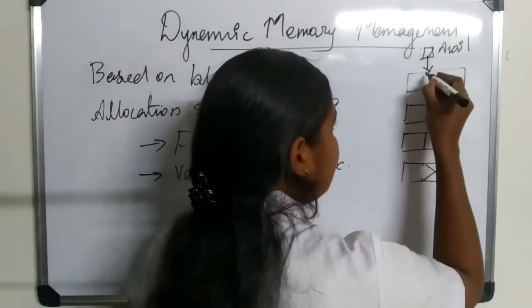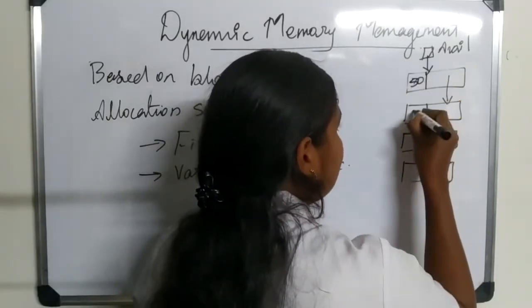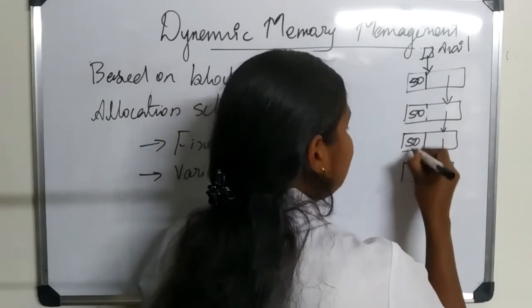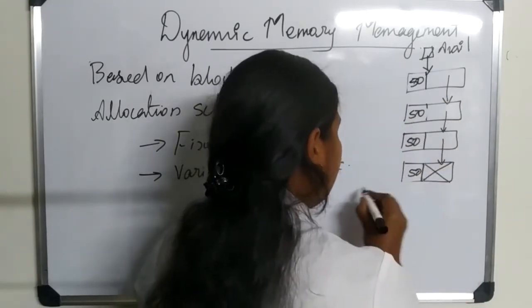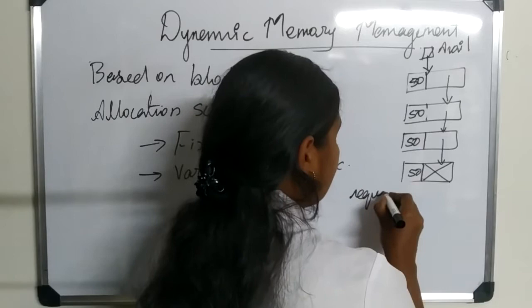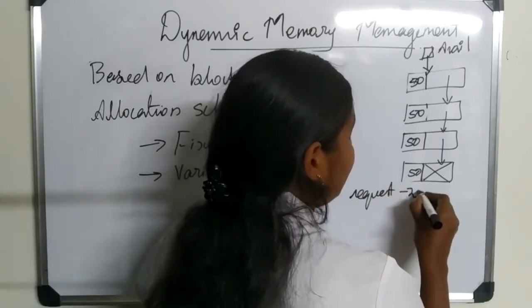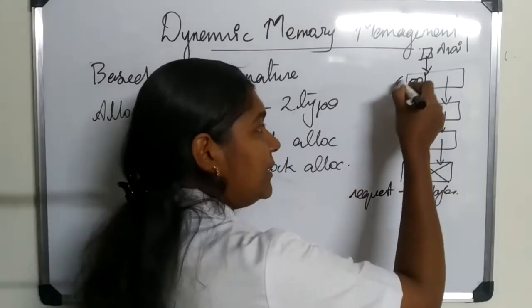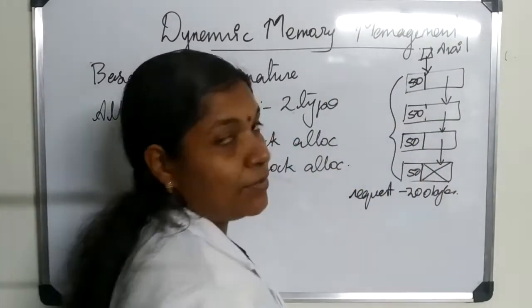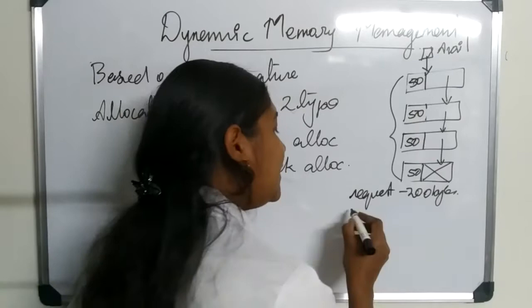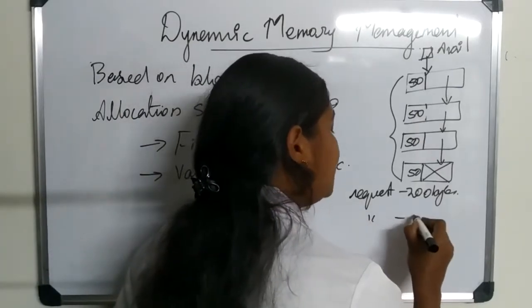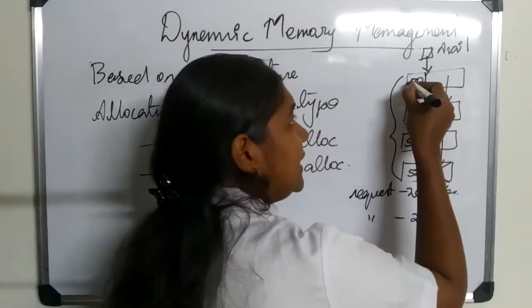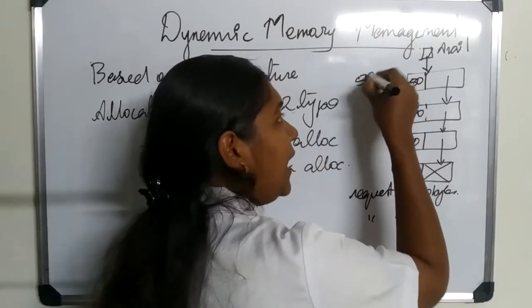Suppose all these blocks are of 50 bytes, and we are requesting a memory of 200 bytes. Then these 4 blocks of memory would be allocated. And if we are requesting 25 bytes of memory, then a 50 byte block would be allocated.